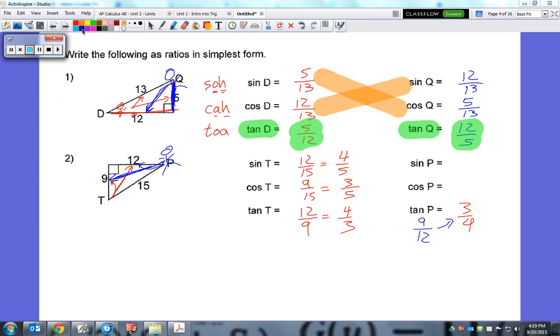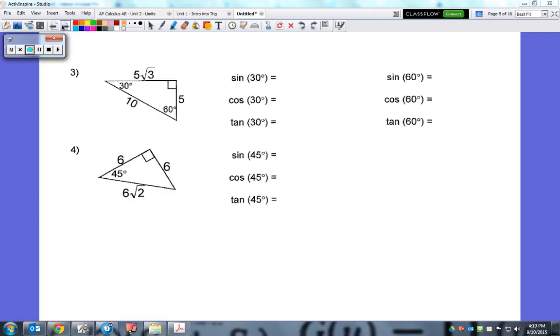So this is opposite now, so it's 9 over 15. Again, it's going to reduce to 3/5, and you can see there's that pattern again. The sine of one is the cosine of the other. So when I'm looking at this, it should also be equal to the 4/5, which it is in fact, after it's been reduced. Alright, so that was whenever they were labeled as T, Q, whatever letter.